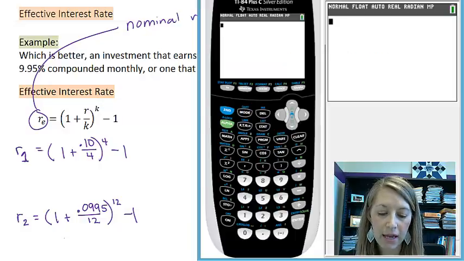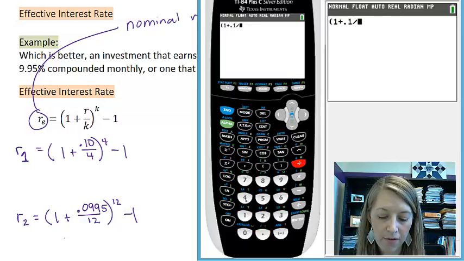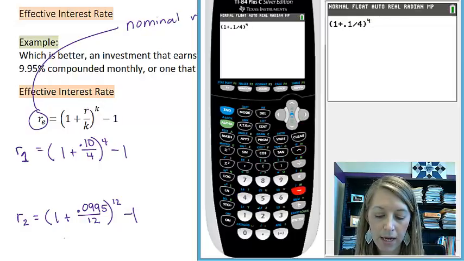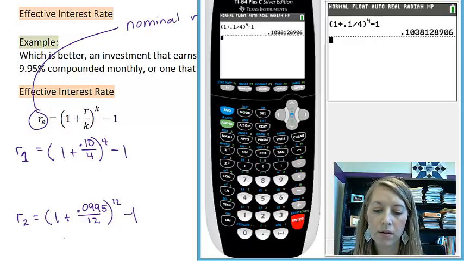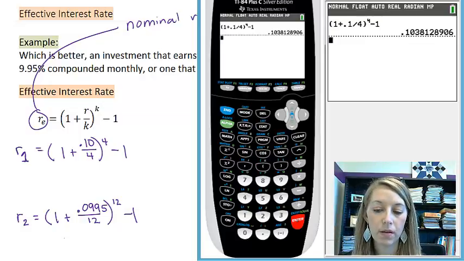So let's pull up my calculator here. My first one is 1 plus 0.1 divided by 4, to the 4th power, minus 1. That gives us a nominal rate of 0.1038.